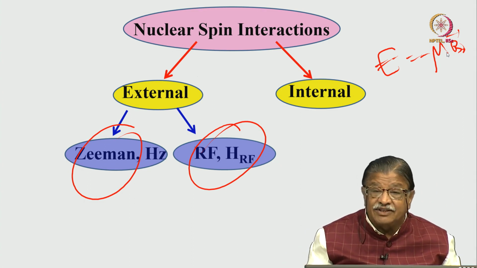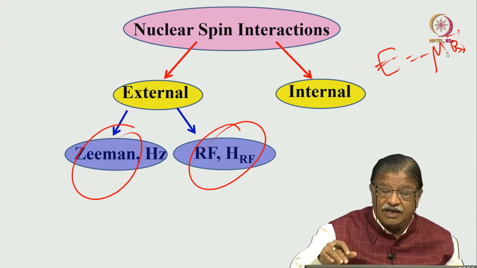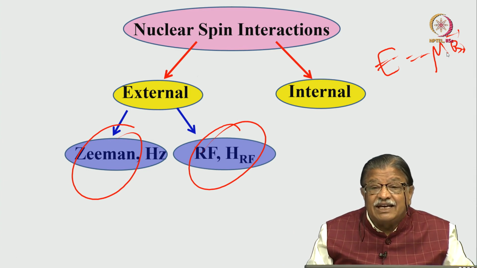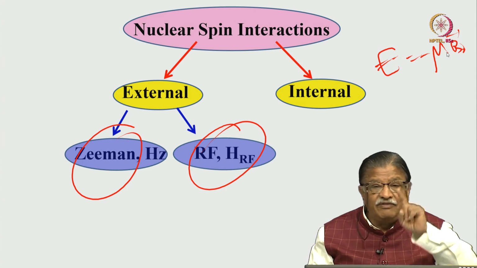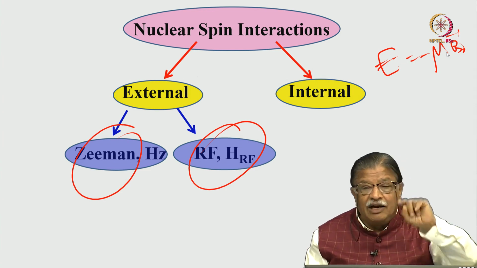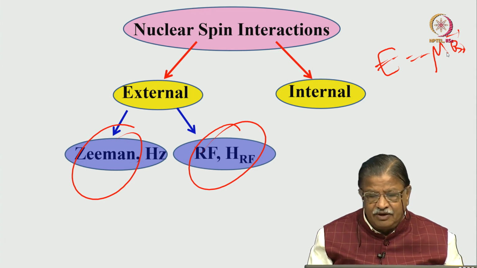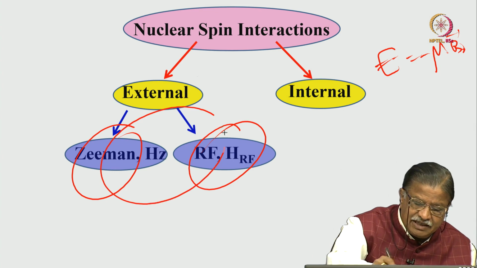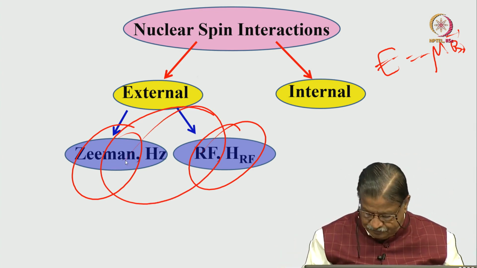It is an external interaction; you are applying the RF pulse from outside the molecule of your interest. So, these two are the external interactions which we already discussed, and from this, nu equal to gamma B naught over 2 pi, we understood we get only one peak for any molecule.